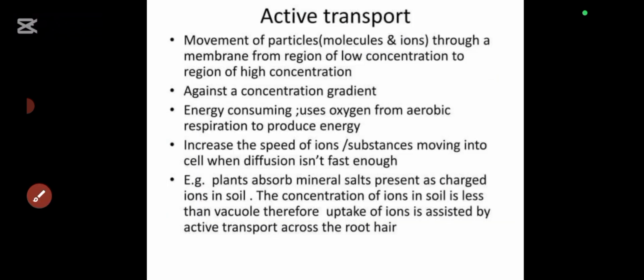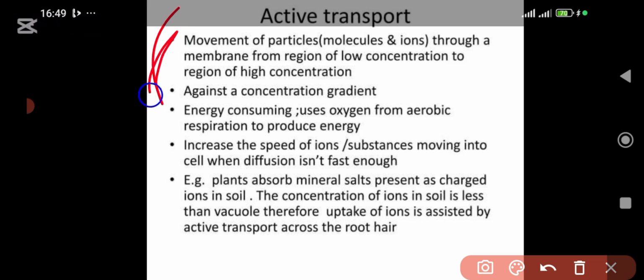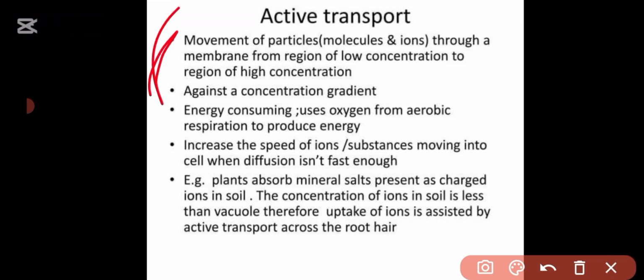Then we now have active transport. We said it is movement of molecules or ions through a membrane from a region of low concentration to a region of high concentration. So you see this is movement against concentration gradient.